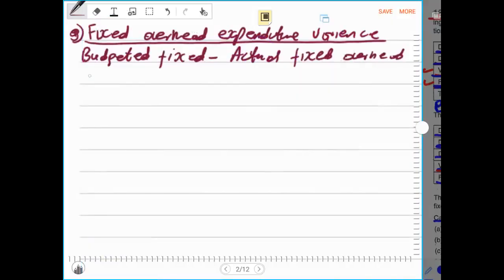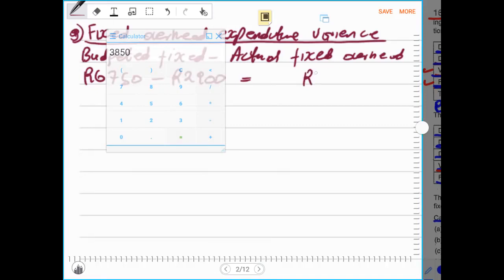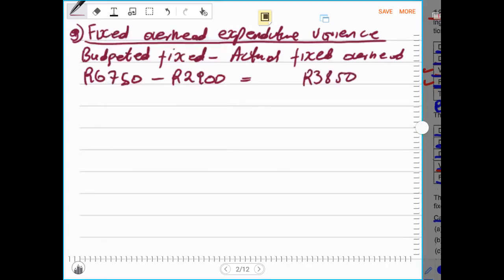Our budgeted fixed overhead is 6,750 as we calculated, minus actual fixed overhead, which is 2,900. That is 3,850, and it is a favorable variance. We incurred less than what we anticipated.